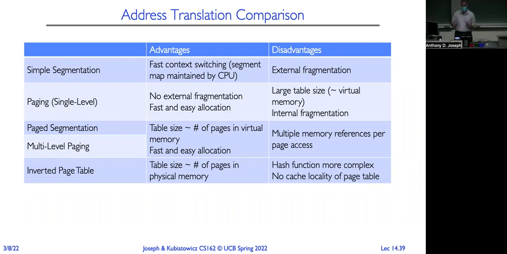So we're going to have to fix that, and that's what we're going to fix in the next lecture. Inverted page tables, now we have a table size that is proportional to the number of pages in physical memory. But the downside is we have these hardware hash functions that could be super complex, and we don't have locality for our cache of page table entries. So on that, we'll continue on Thursday.